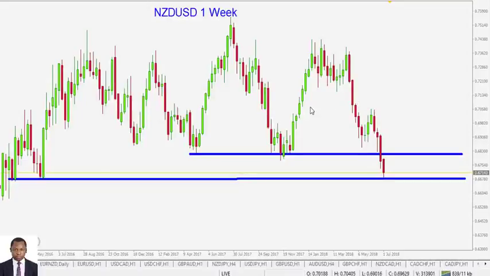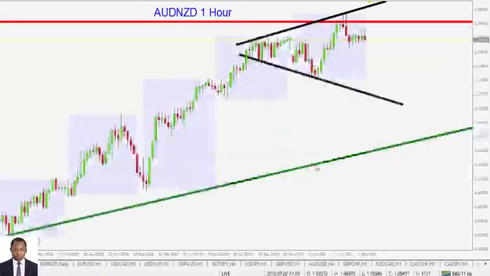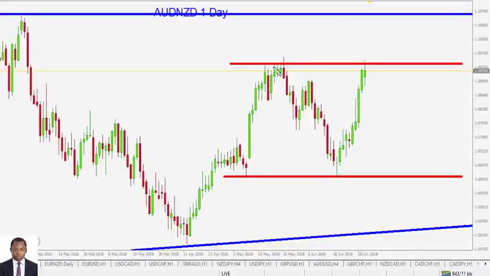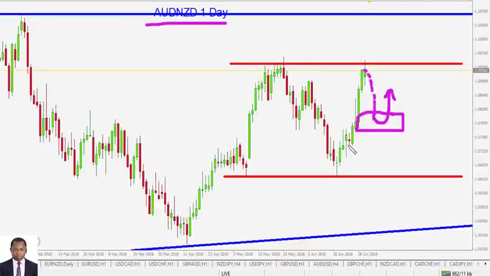All right, next one is the Australian dollar against the New Zealand dollar. I want to show you in the daily time frame that price is dealing with the first level of resistance. You should not be buying against that level of resistance. If you click on your buy button here, you are effectively trading against it. Although this pair is still bullish, we might be finding some pullback to somewhere around this area, where price might be turning again to the upside.